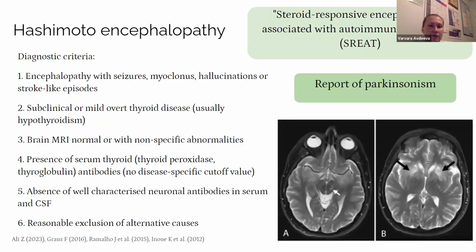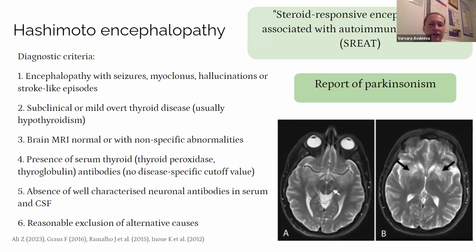Hashimoto encephalopathy. It has another name, steroid-responsive encephalopathy associated with autoimmune thyroiditis. So from this name, we know that this condition is responsive to corticosteroids, and also patients with this condition have thyroid problems, especially Hashimoto thyroiditis.